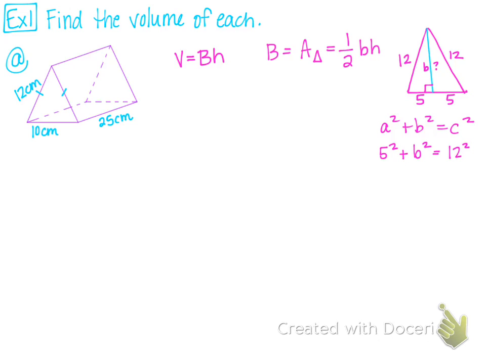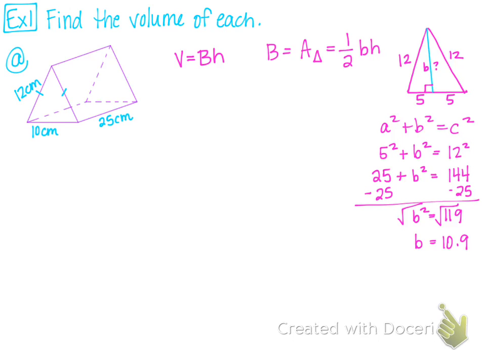So 5 squared is 25 plus b squared is equal to 144. Then we subtract 25 from both sides. You get b squared is equal to 119. Take the square root, and we get little b. We're just going to use one decimal place, 10.9. So the height of this triangle is 10.9.